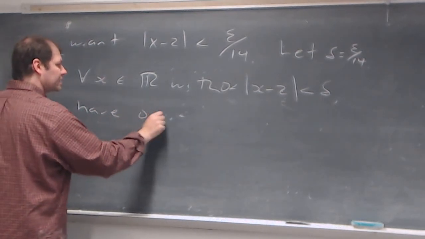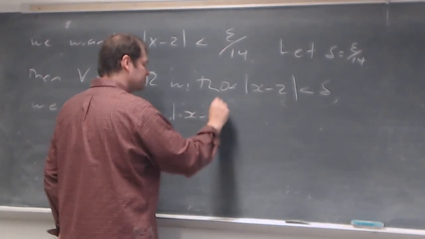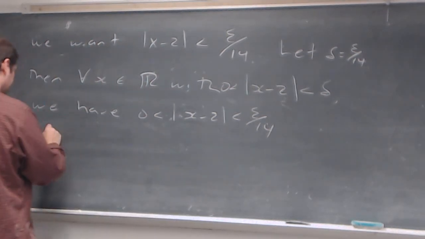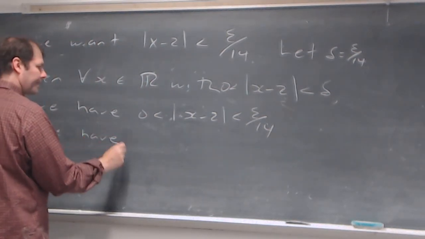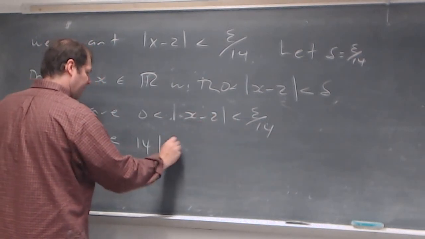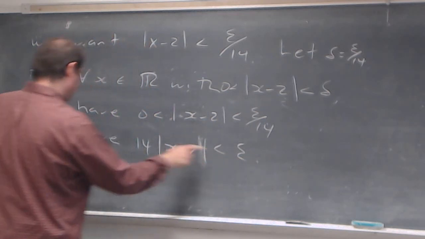We have 0 is less than the absolute value of x minus 2, which is less than epsilon over 14. I'll just work with this part. We have 14 times the absolute value of x minus 2 is less than epsilon. Bring the 14 inside.